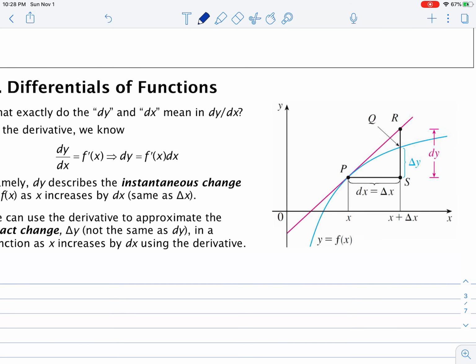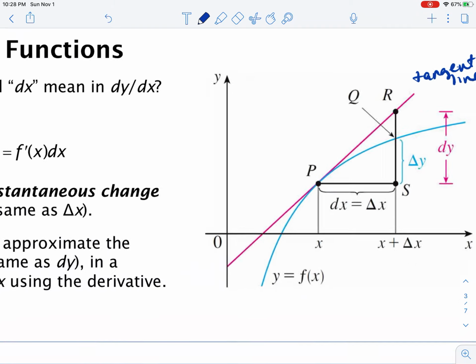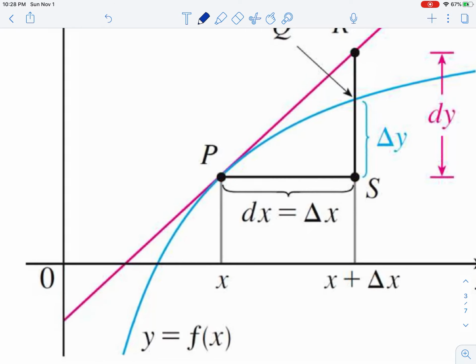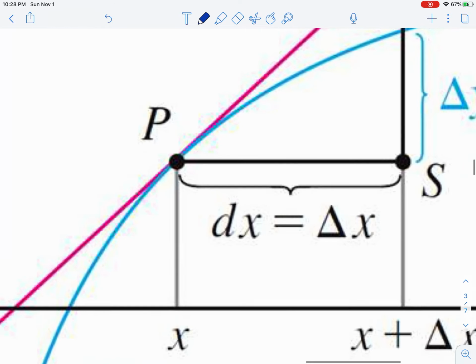All right, so let's take a closer look at that, and let's take a look at that tangent line. So here in pink, this is your tangent line. We're just going to look closer.